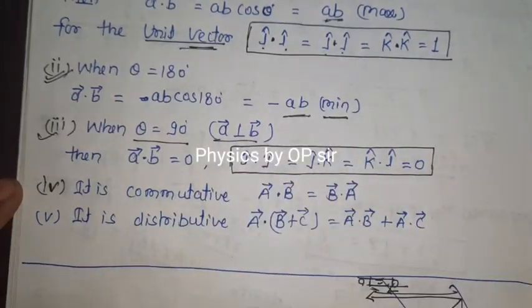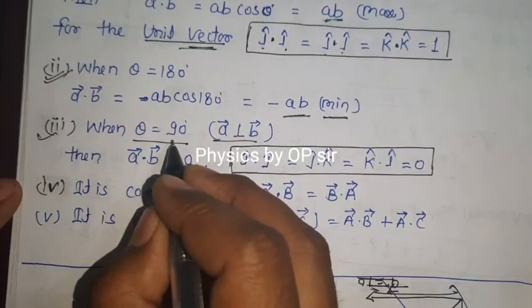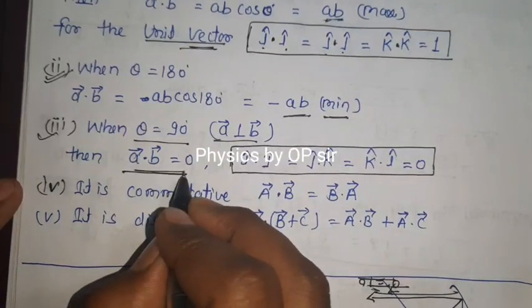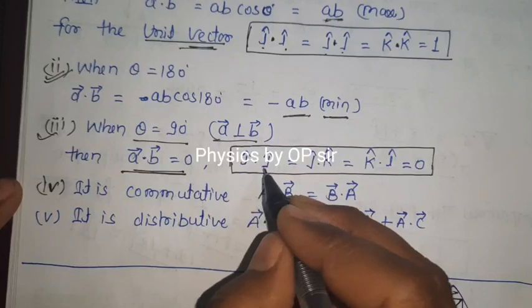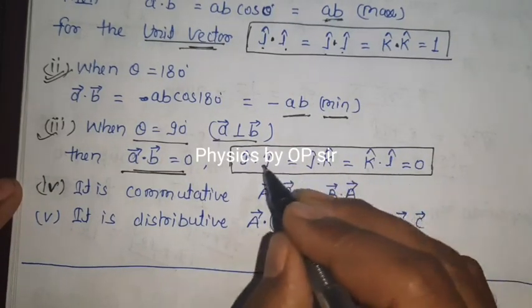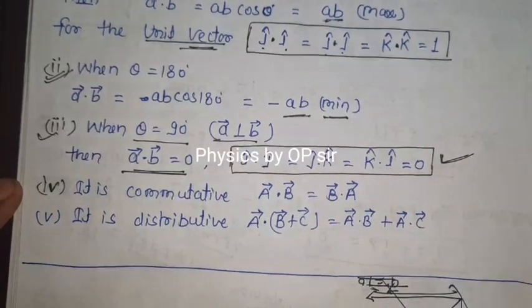A vector is perpendicular to B vector. In that case cos 90 degree is 0, so their dot product will be 0. In the case of unit vectors, i and j are perpendicular to each other, j and k are perpendicular, k and i are perpendicular. When these are perpendicular to each other, their dot product is 0.